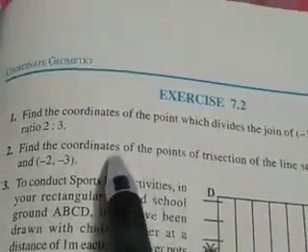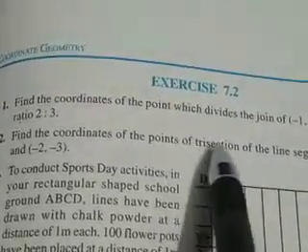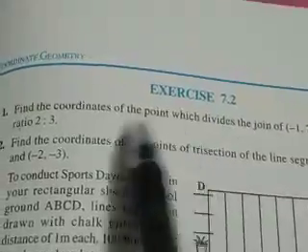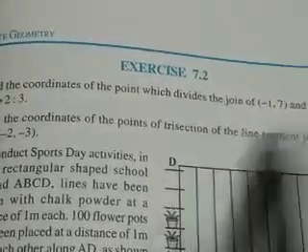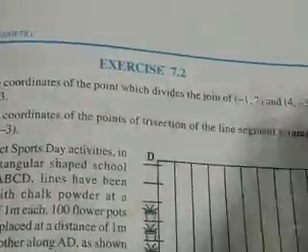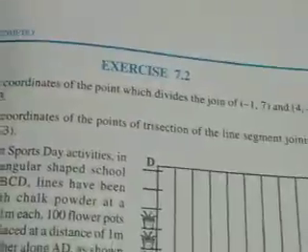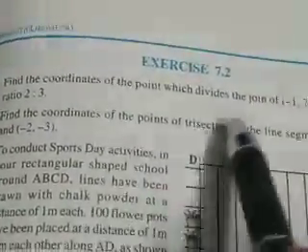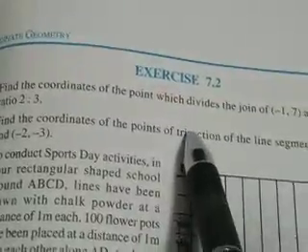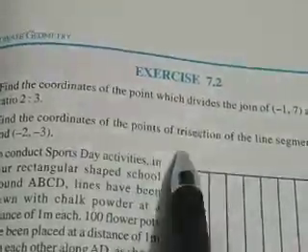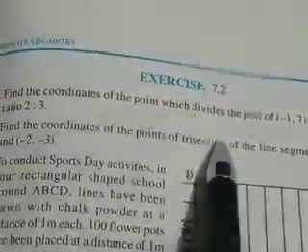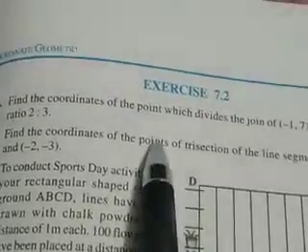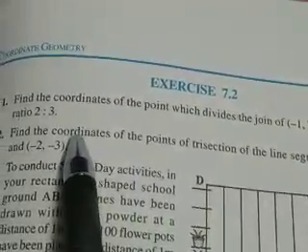It means we are doing trisection of the line segment when we join these points (4, -1) and (-2, -3). After that we divide it into 3 parts. Trisection means 3 parts: first part, second part, and third part. Then we find the coordinates of these points.